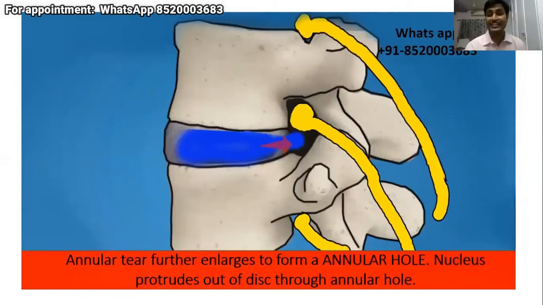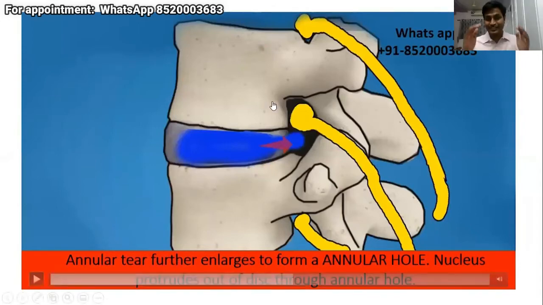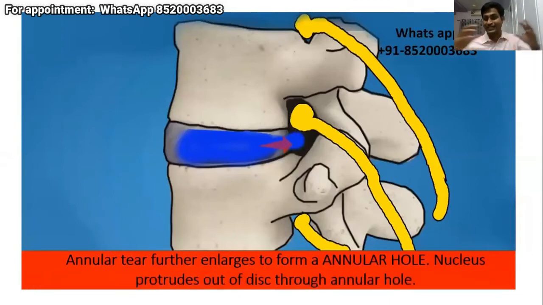One thing is important: compared to stage 2, will the low backache in stage 3 be more or less? More, sir. No, less. Because in stage 2 there was not a complete tear, so the nucleus pulposus was trying to come out and the intradiscal pressure was maximum.